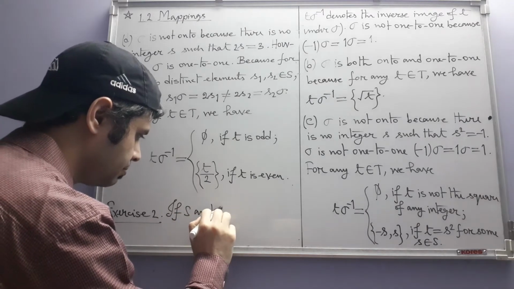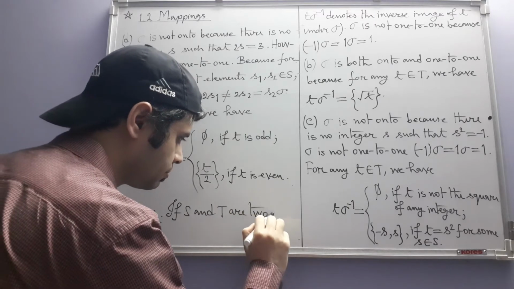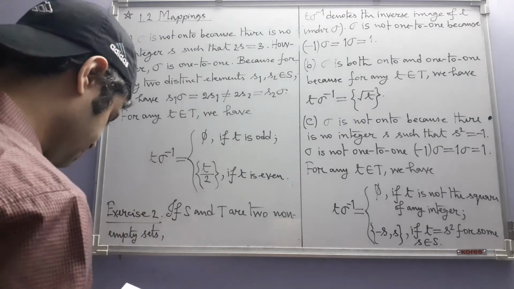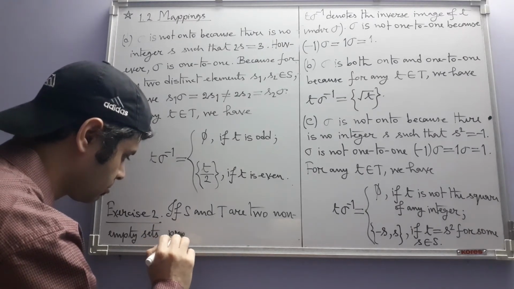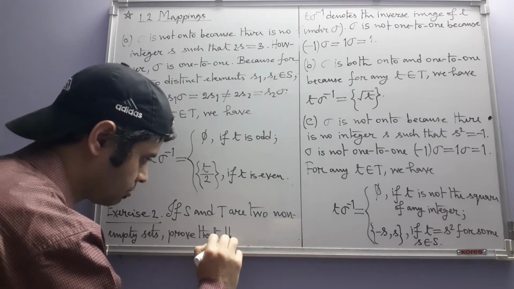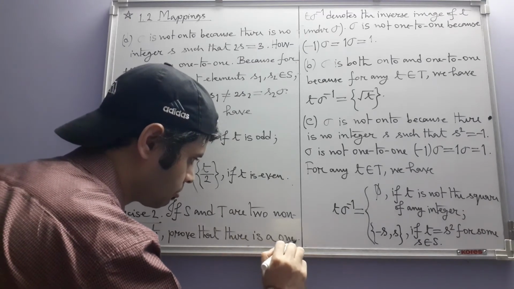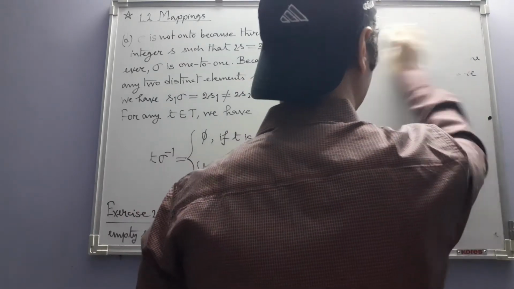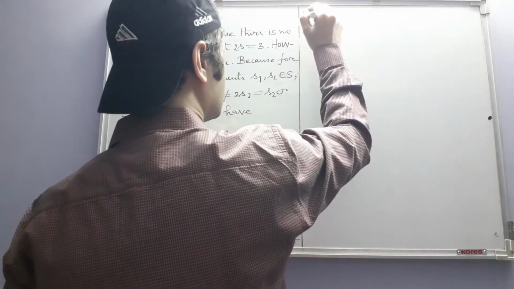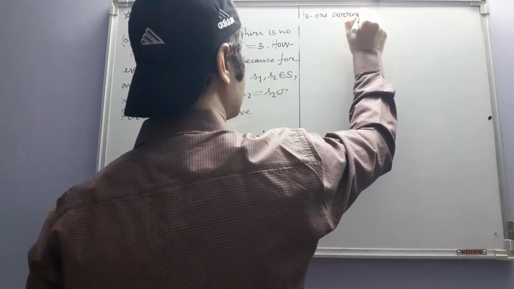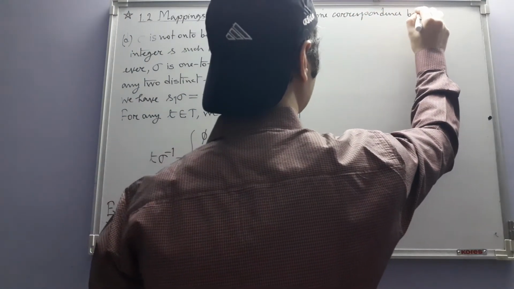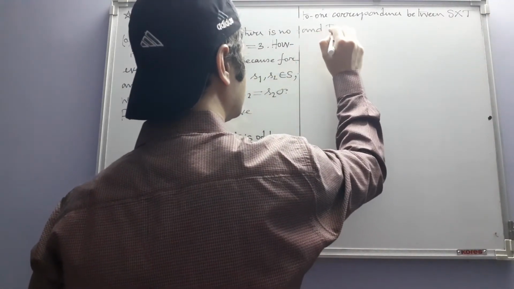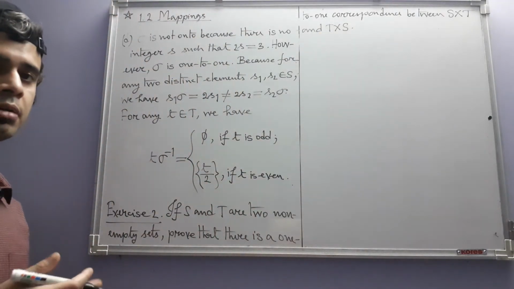If S and T are two non-empty sets, prove that there is a one-to-one correspondence between S cross T and T cross S. One-to-one correspondence means a mapping that is both one-to-one and onto.